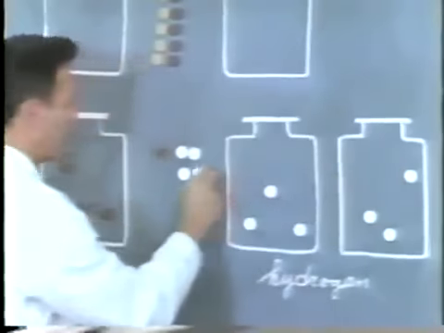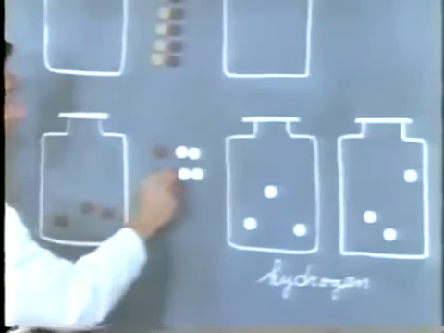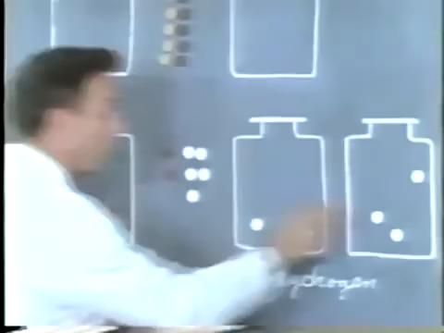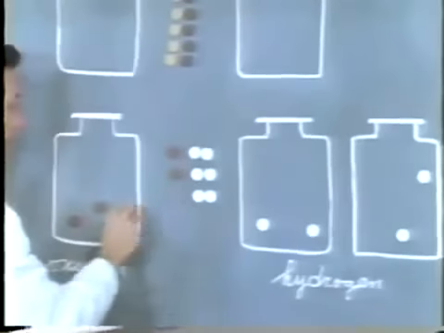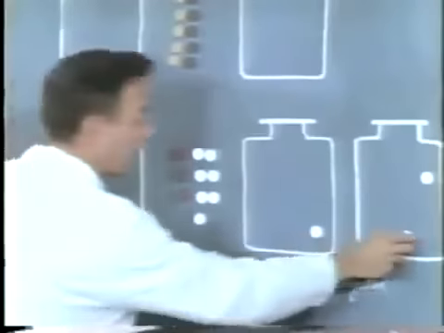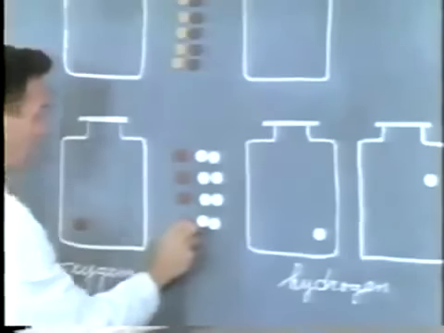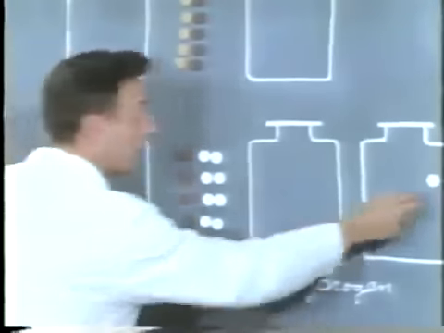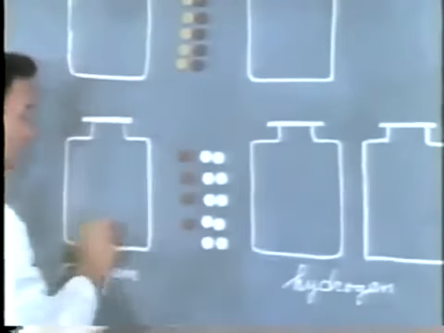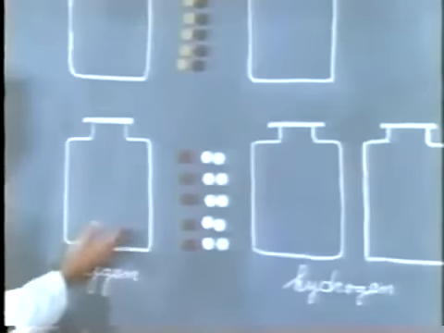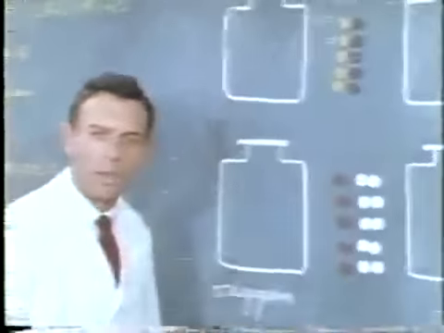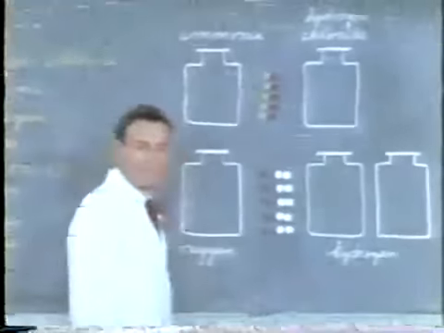This leads us to propose that 2 molecules of hydrogen combine with 1 molecule of oxygen. The result is in agreement with experiment. 1 volume of oxygen combines with 2 volumes of hydrogen. Our hypothesis is still useful.